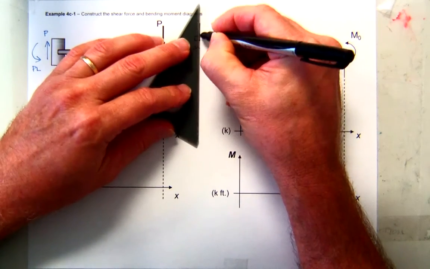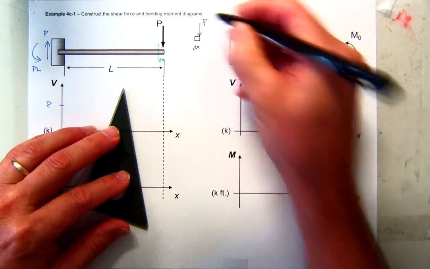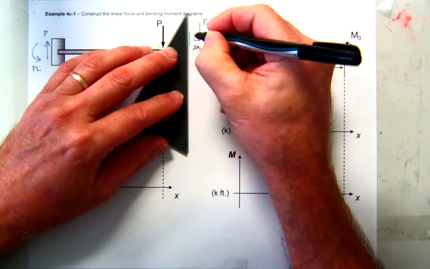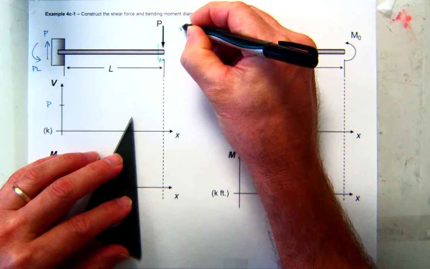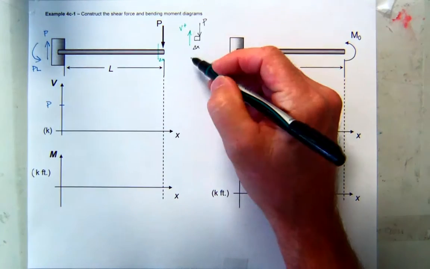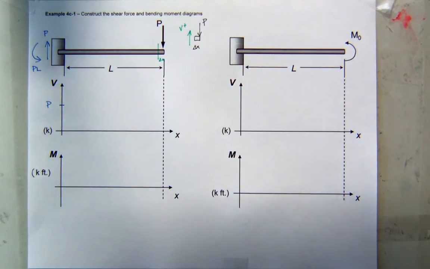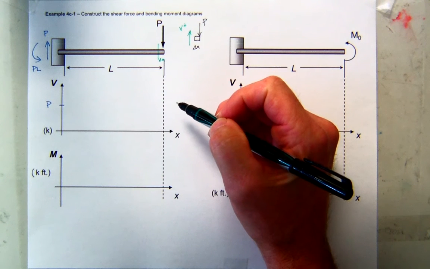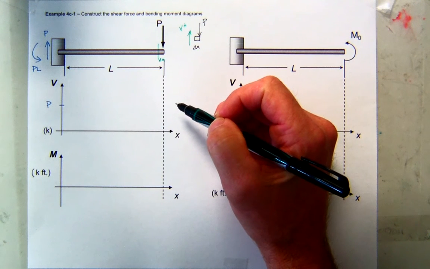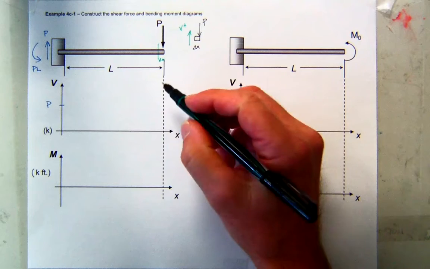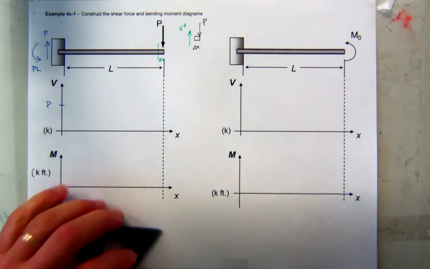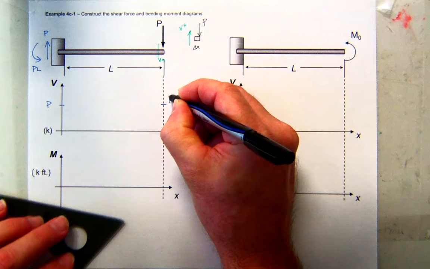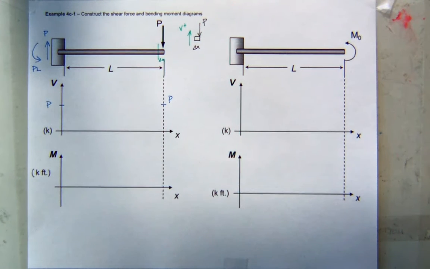On the far right edge is the force P. And then on that left edge, I'm going to assume positive shear force, because on the left side, positive is up, right? What's the equilibrium of this tell me that shear force is going to be? Positive P. Right? So that means the shear force at the end of the beam should be positive P. So I know my beginning and end points.